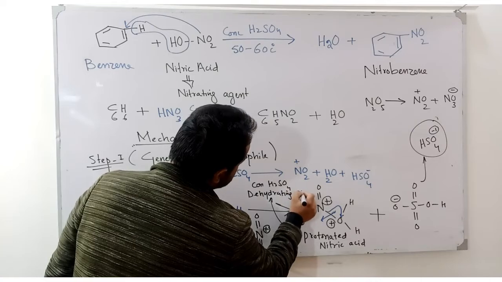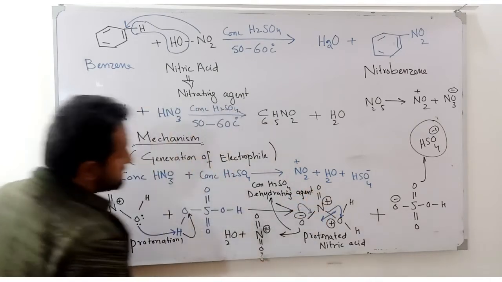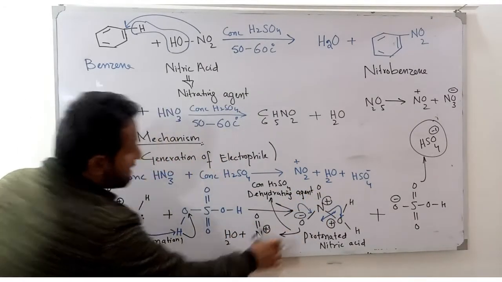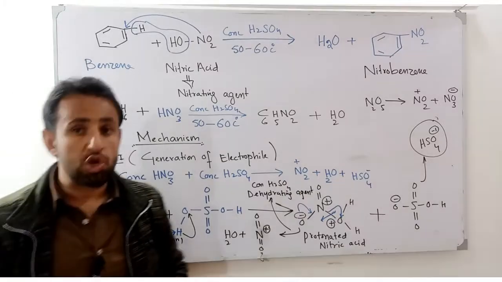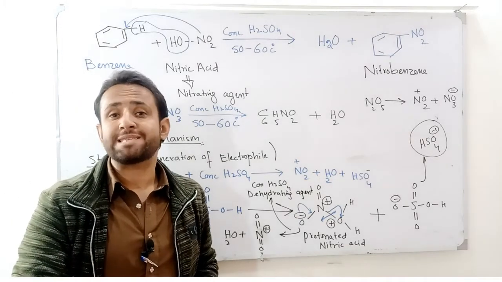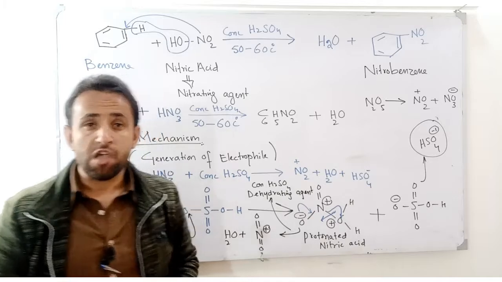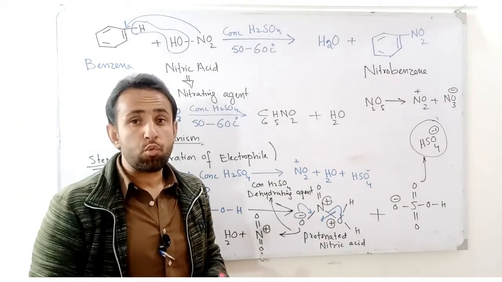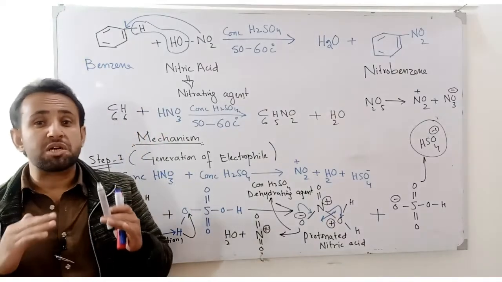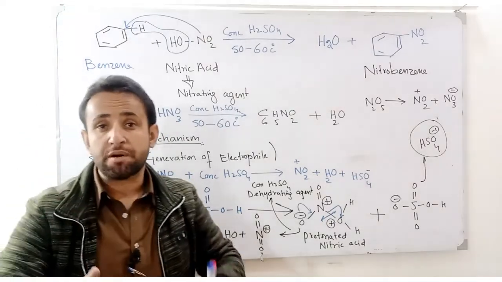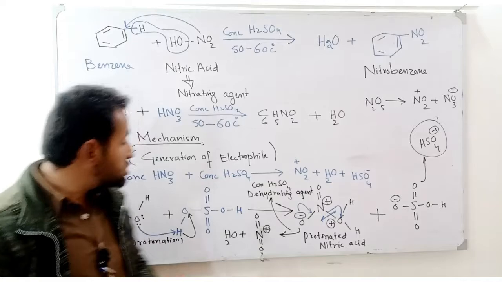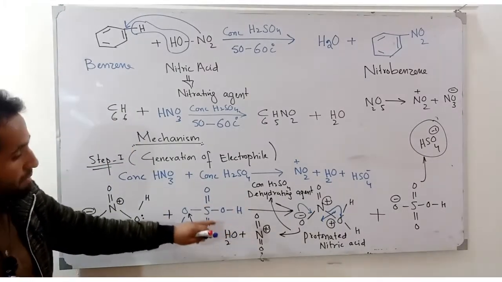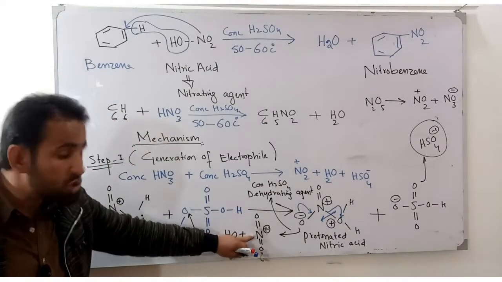Keep this point in your mind, that again we use here concentrated sulfuric acid, which will work as a dehydrating agent. What does dehydrating agent mean? Any agent which captures or tries to capture water molecules. So how does concentrated sulfuric acid help the nitro group?